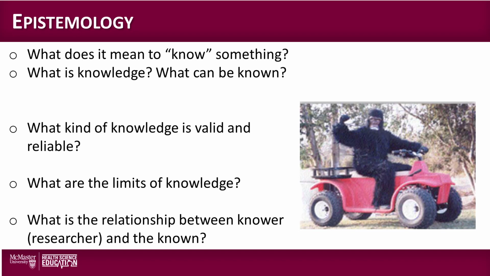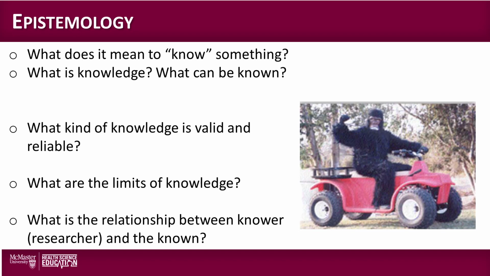So, back to our Bigfoot example. If we've decided that Bigfoot might exist in this world, then we need to start thinking about how we will know whether or not he does exist. How will we gain this knowledge about his existence? We need to think about what would count as authoritative knowledge on this question. Say we are presented with this picture, a photograph of Bigfoot riding an ATV.